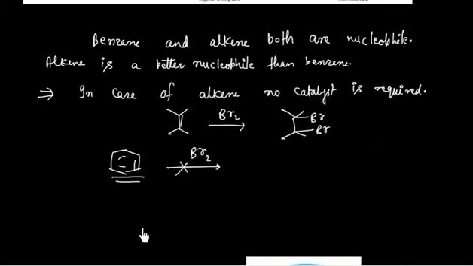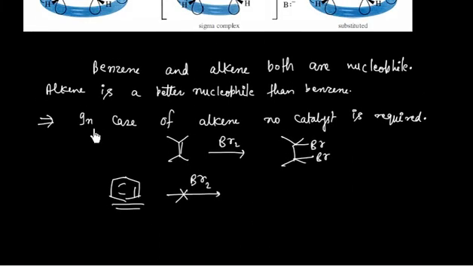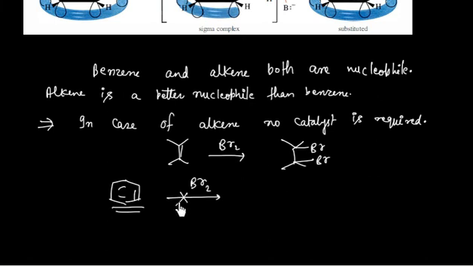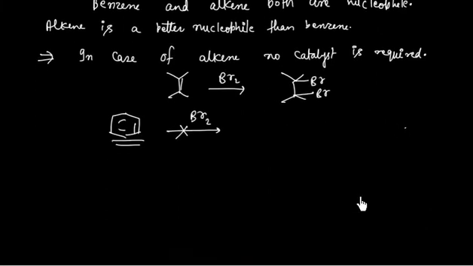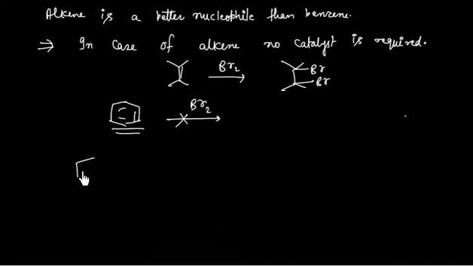So in this case, we add some catalyst that can generate a good electrophile. So we add FeBr3 and bromine, and then we have this reaction.